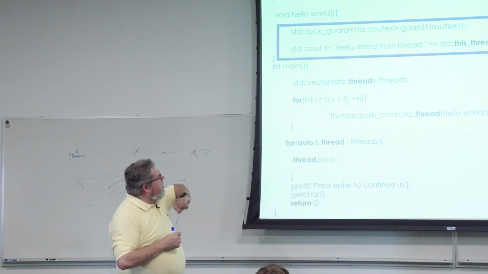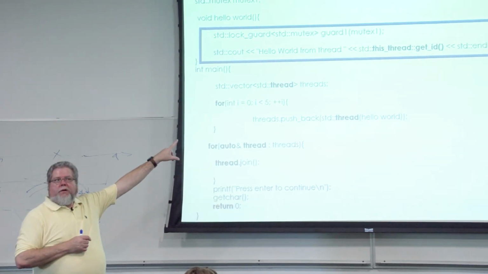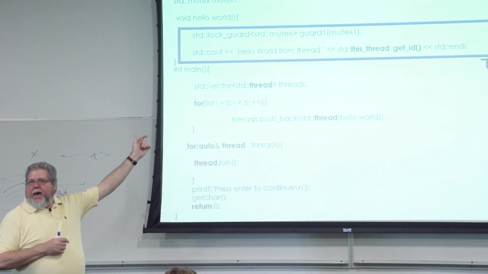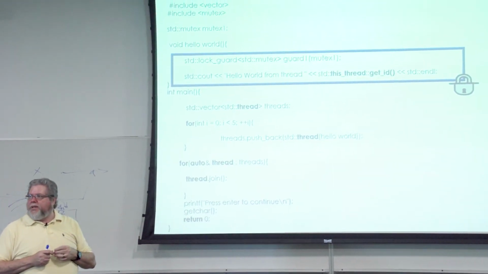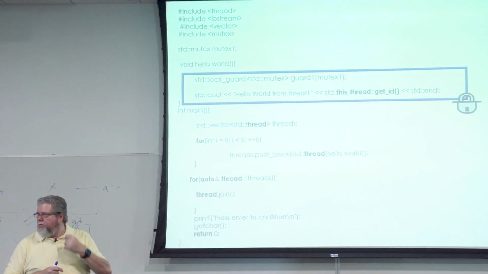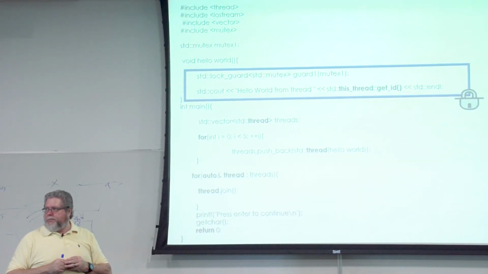If I'm using a lock guard, I can declare one mutex, and that becomes the model, and then I can basically on the fly create as many as I need. I just have to give them unique names. Guard1, guard2, guard3, guard4, and so forth, or however I'm going to name it.